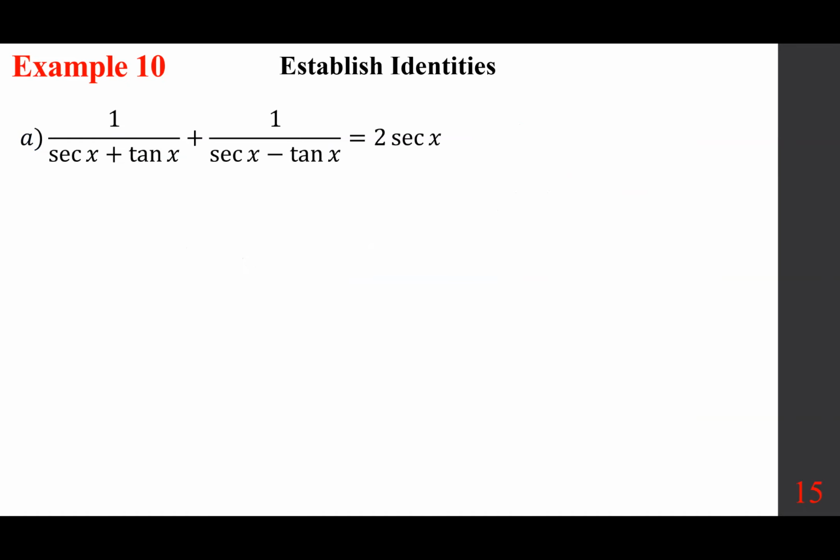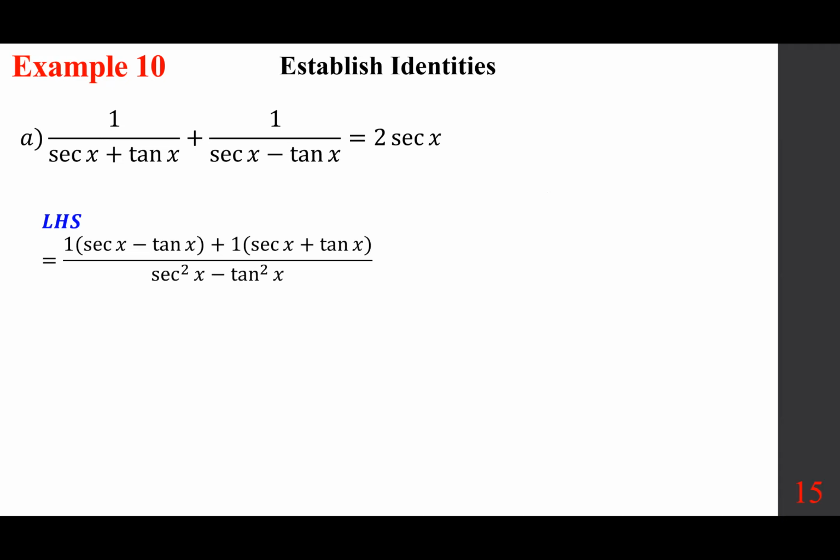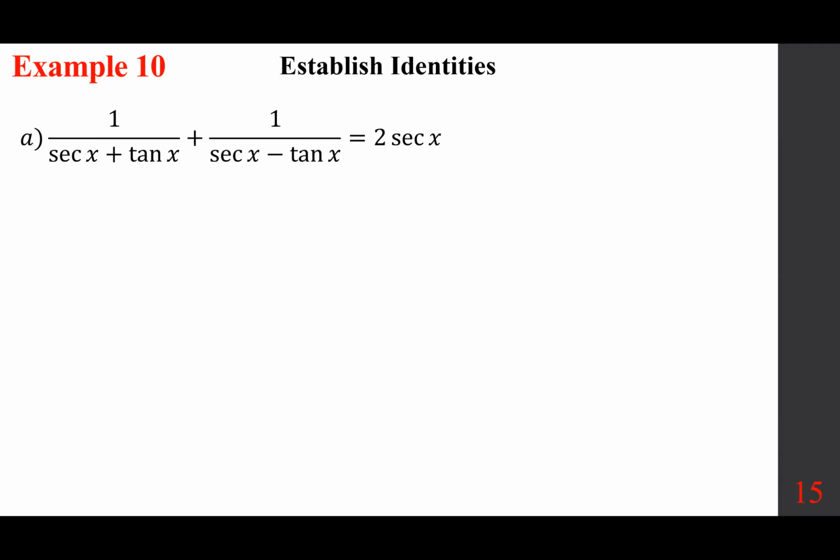We want to establish this identity, and clearly the left-hand side having two fractions is more complicated. So we are going to start with the left-hand side, and we're going to take a common denominator.